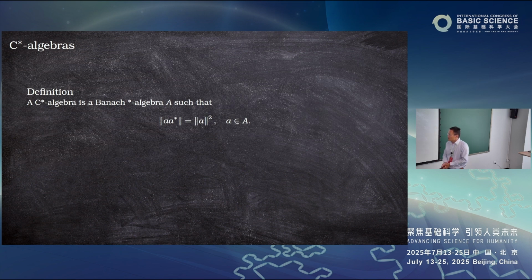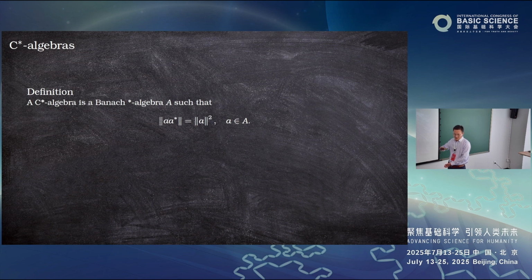This abstract definition and the basic example of a C-star algebra are the algebras of bounded linear operators of a Hilbert space. In the finite dimensional case, we can look, for example, at the algebra of n by n matrices. They form an algebra, actually a star algebra.